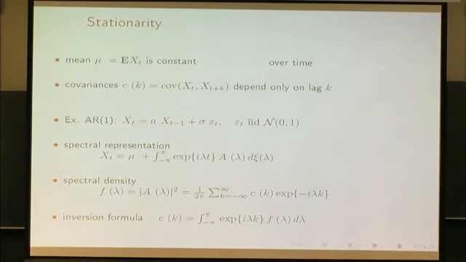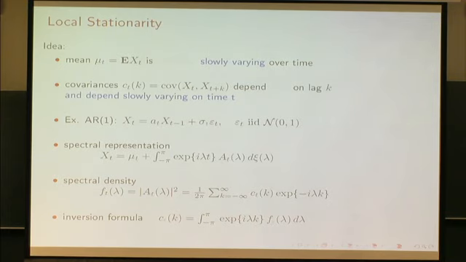It's equivalent to a moving average representation somehow, so you can replace this by a moving average representation. Then we have the spectral density, which is f of lambda, the modulus of A of lambda squared, the transfer function squared, and at the same time it is the Fourier transform of the covariance function. And we have the inversion formula, where the covariances are the backward transform of the spectrum.